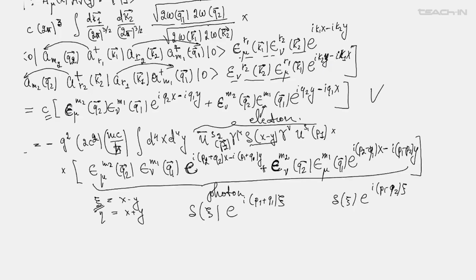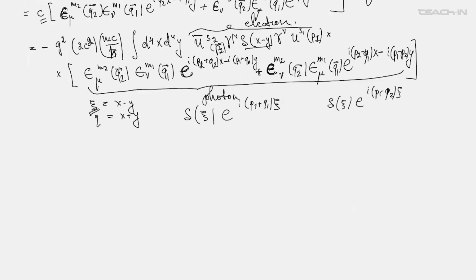And so after you perform this trick with change of variables and integration, the answer you get is the following: G squared over 2c squared, mc over h bar, 2 pi 4 delta function, which comes from integration over eta.